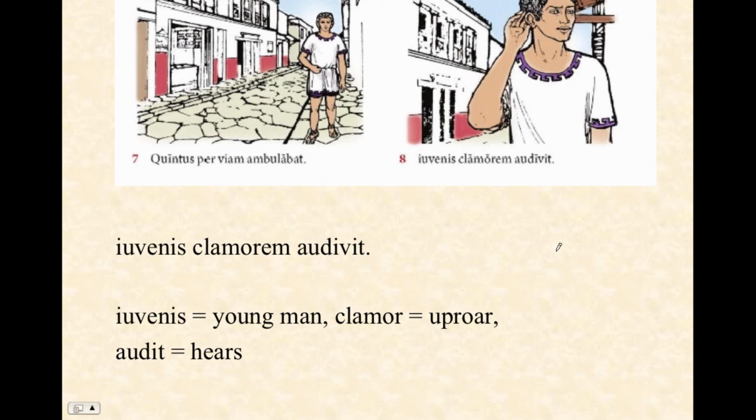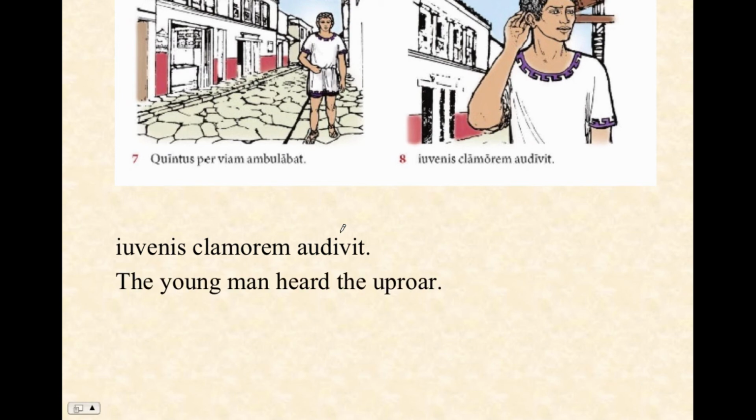Now audit means hears, but that's not what we have here. We don't have audit. We have audivit. And so again, you say, I know what that V is doing. That V is the marker of the perfect tense, which means I translate it as regular past tense. Put it all together, and it means the young man heard the uproar.